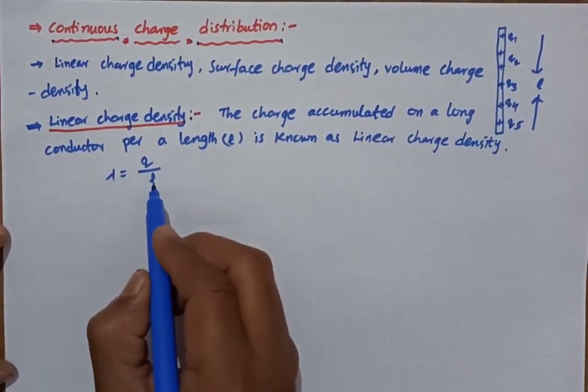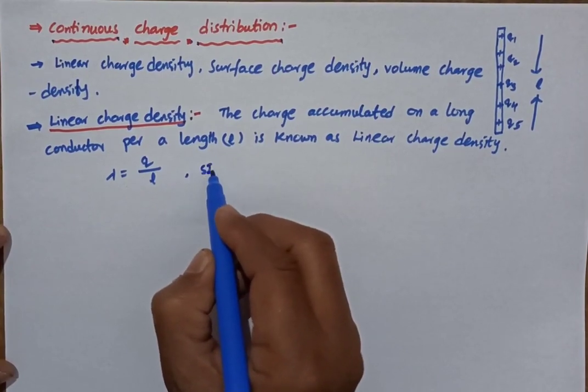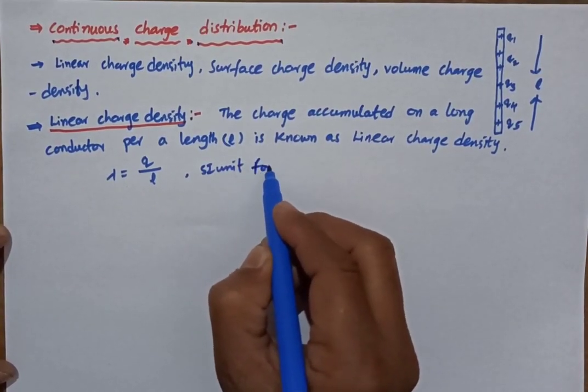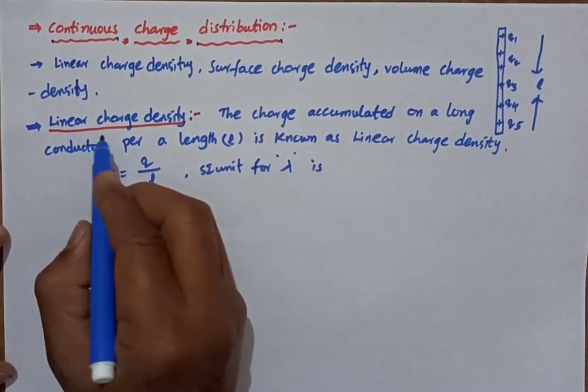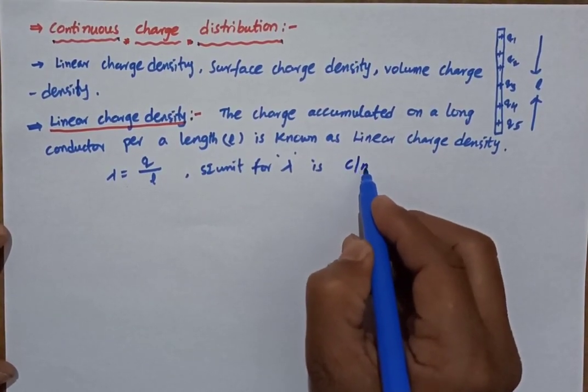So the SI unit for lambda, the linear charge density, is coulomb per meter.